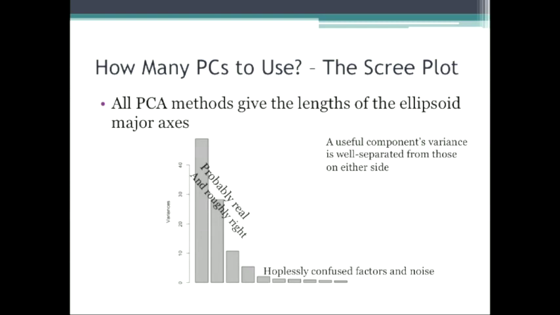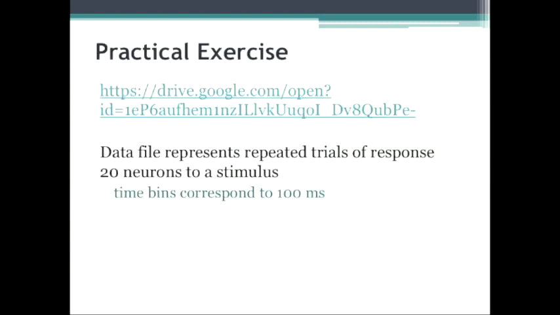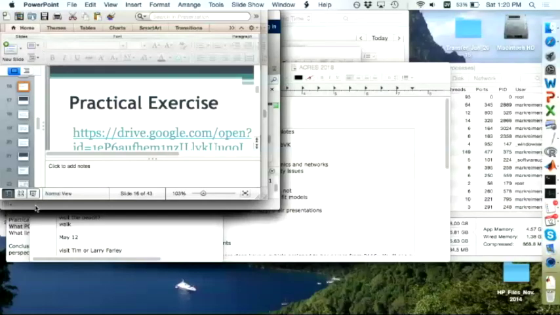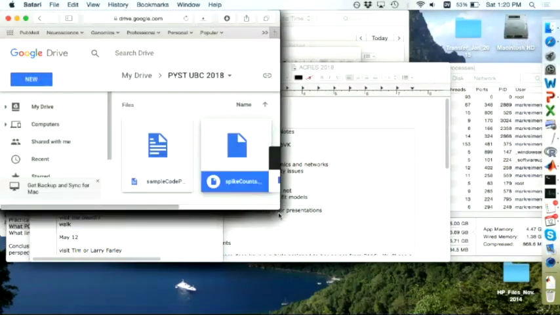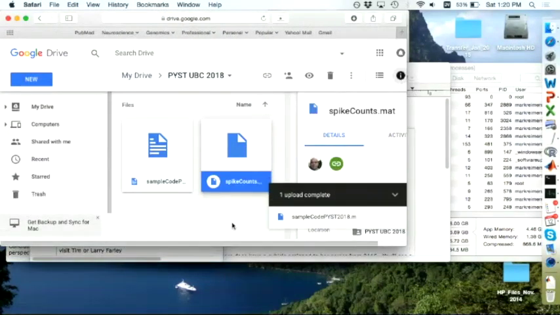Okay, then I'm going to suggest we go to the exercise now. So I think it was sent out as an addendum yesterday. So there's a Google Drive folder. If you have Google Drive open, it should be here.